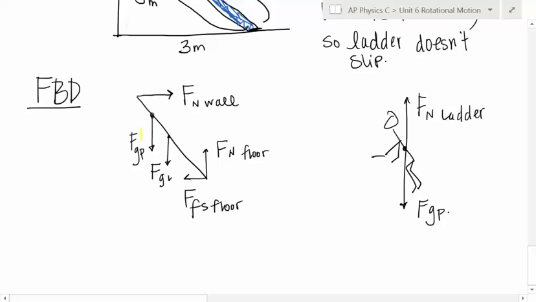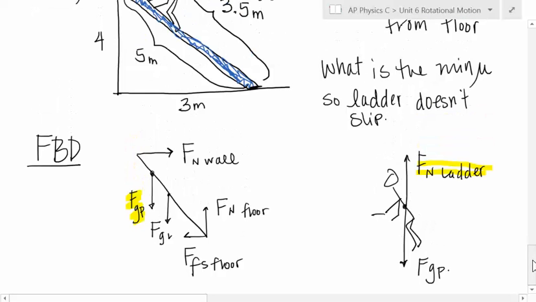This force right here should be the equal but opposite force between the two bodies. It should be the normal force from the person onto the ladder, but it's equal to his weight. So that's why I didn't put a normal force there. Okay? That's a good question. Equal but opposite forces, Newton's third law.